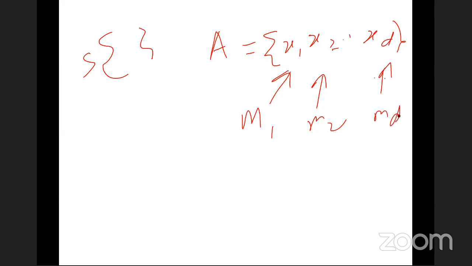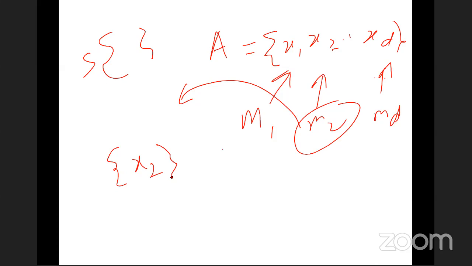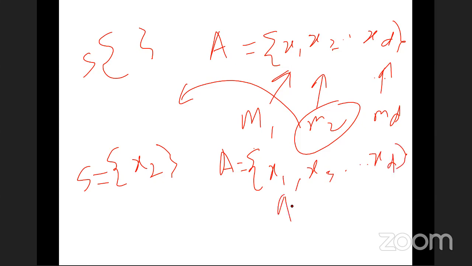The one that gives you the best measure, let's say M2 gives you the best measure, you include that in S, and in your next iteration, S will have X2 and A will have X1, not X2 but X3, and then all the way up to XD. Now you are testing on all of these.